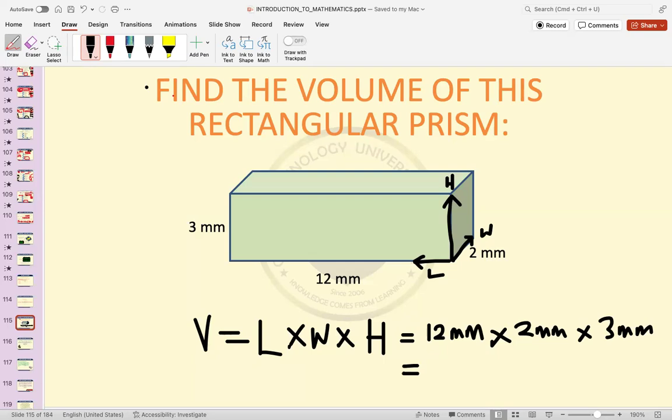When you put all this together, you have 72. Now watch the millimeters. You have millimeter multiplied by millimeter multiplied by millimeter. So we write it as millimeter cube, meaning the millimeters are raised to the power 3. So this will be our final volume: this object you are seeing here has a volume of 72 millimeters cube.